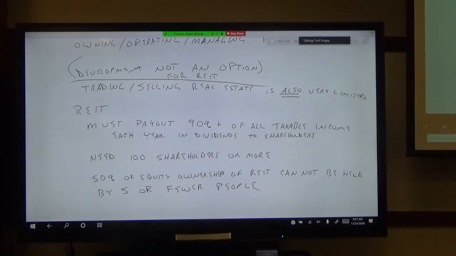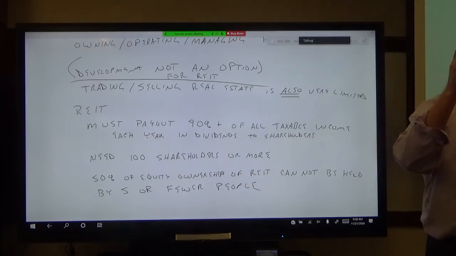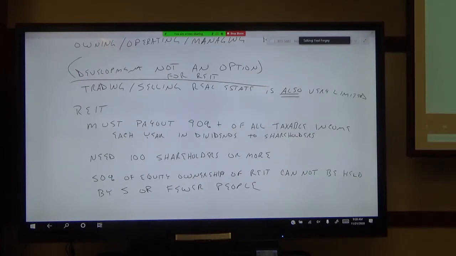So my point with this is, each of these ownership entities has different rules, each one has different results as it relates to tax implications, and each one has different restrictions as to what you can and can't do, okay?